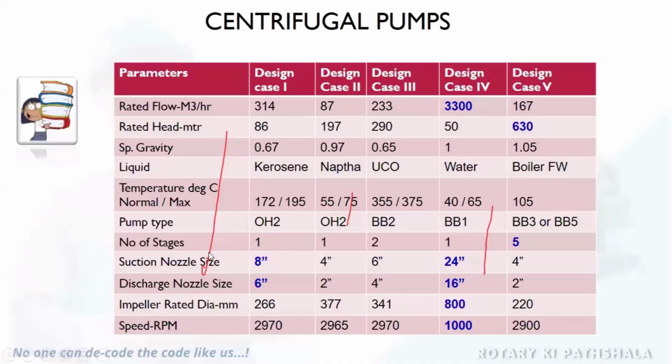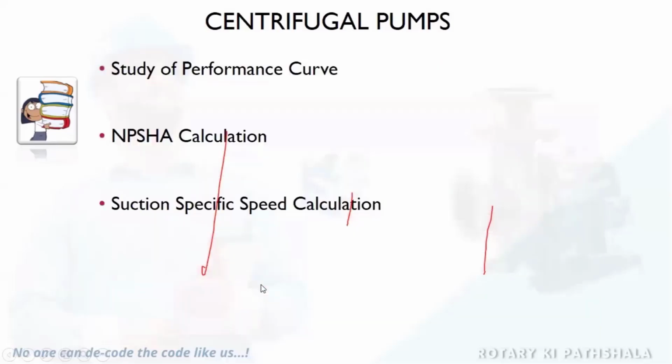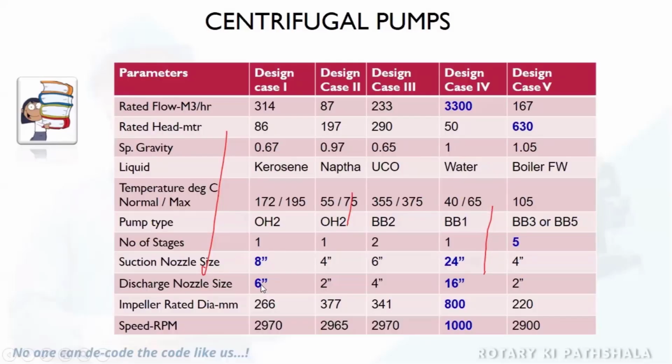For this head of 86 meter, the number of stages is single, so the OH2 type pump is a single stage pump. Suction nozzle is 8 inch, discharge nozzle is 6 inch, impeller diameter is 266, and speed is 2970.